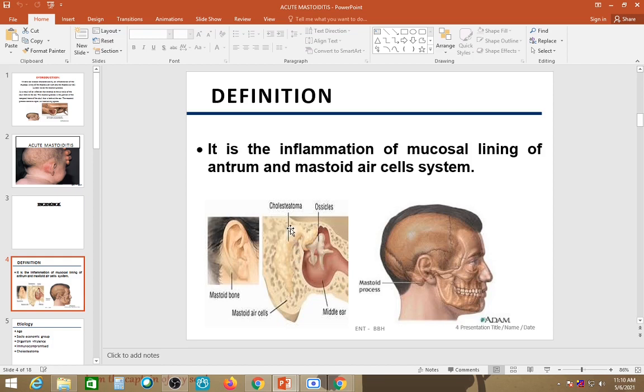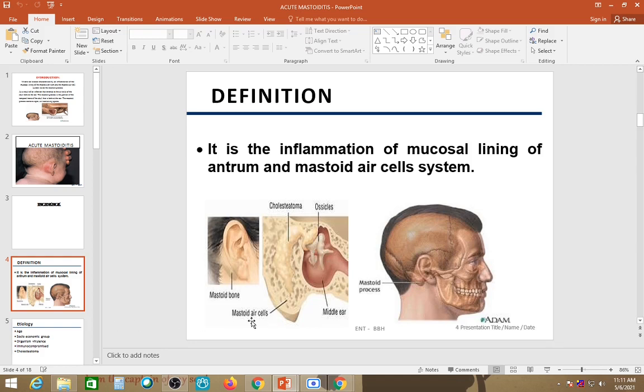And this is the cholesteatoma. Cholesteatoma is a collection of keratinized cells inside the mastoid cell, just like a growth. So the bone is decalcified. These bone infections can enter and affect the eardrum or lead inside the bone.